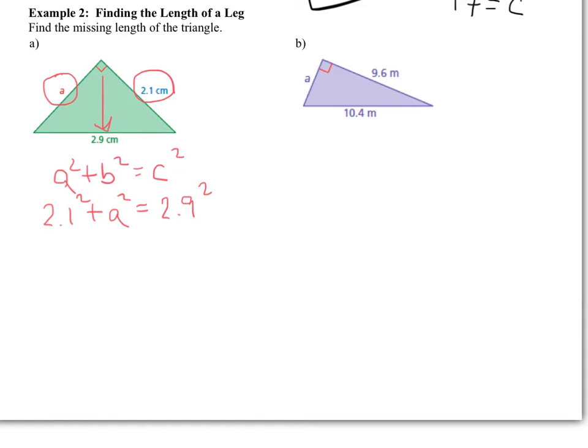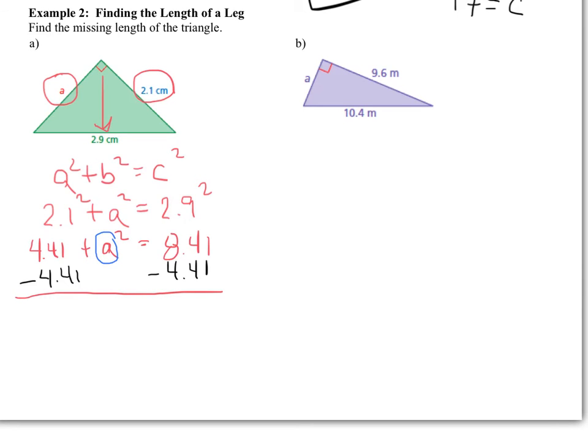So what we're going to do is take care of what we have. 2.1 squared is 4.41 plus a squared equals 2.9 squared is 8.41. Both done with a calculator. So now I have to think SADMEP. So again, remember, we're trying to get this a by itself. So we have an exponent with it and an addition with it, which means we take care of addition first. So I'm going to subtract 4.41 from both sides to get us to the next step.